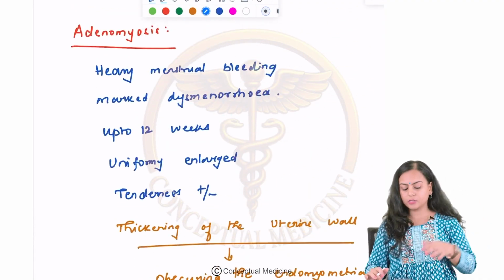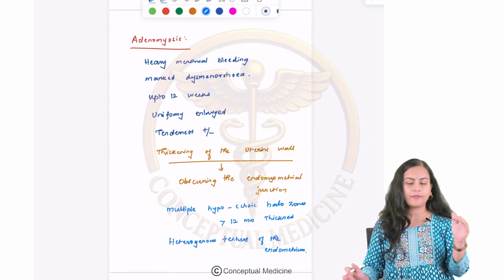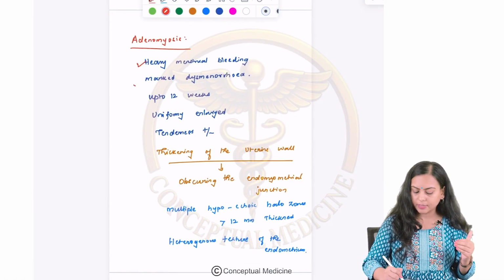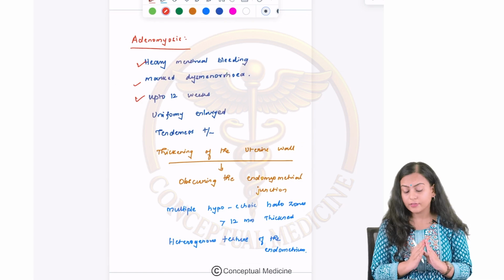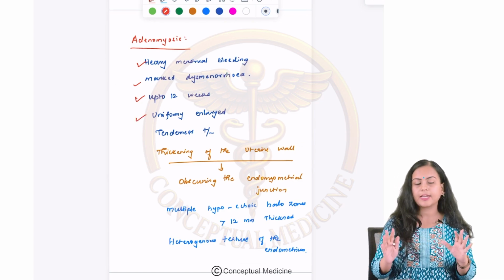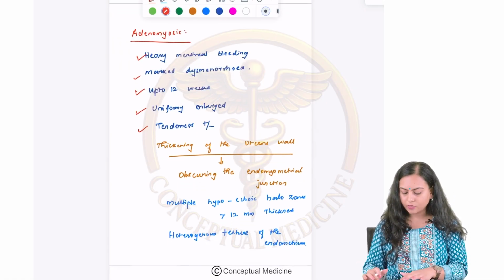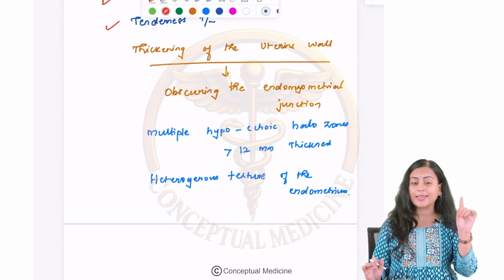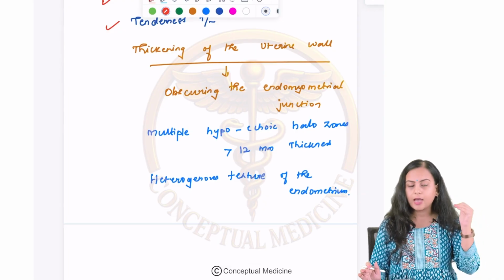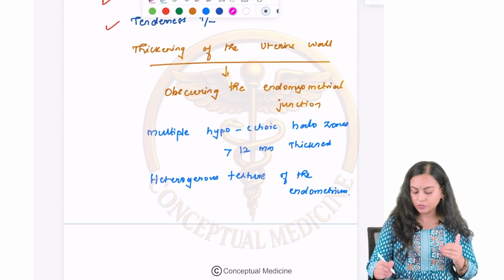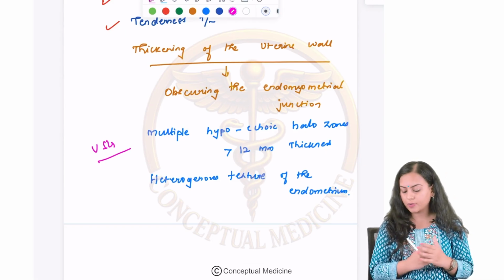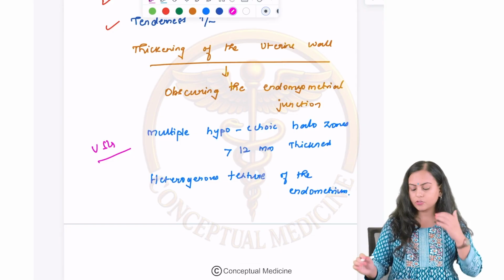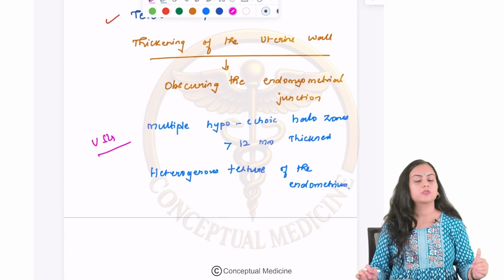Clear? So this is all about adenomyosis. You will have heavy menstrual bleeding, then there will be marked dysmenorrhea. The uterus will enlarge up to 12 weeks in size and it is uniformly enlarged. Tenderness can be present or absent, and there will be thickening of the uterine wall that will be obscuring the endomyometrial junction, and on scan you will be able to visualize the multiple hypoechoic halo zones of more than 12 millimeter thickness, and heterogeneous texture of the endometrium can also be noted.